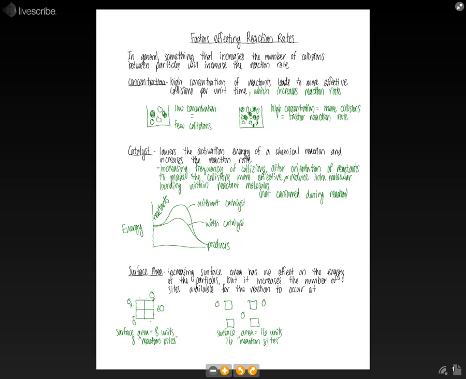And so if we have these same little particles floating around, now we have all of these different sides where the reactants can potentially bump into. So there's a greater chance that the reaction will occur because there's more spots for it.